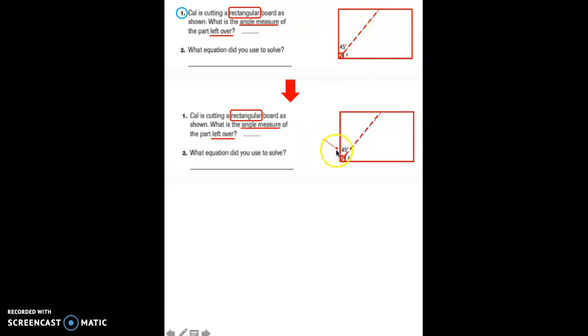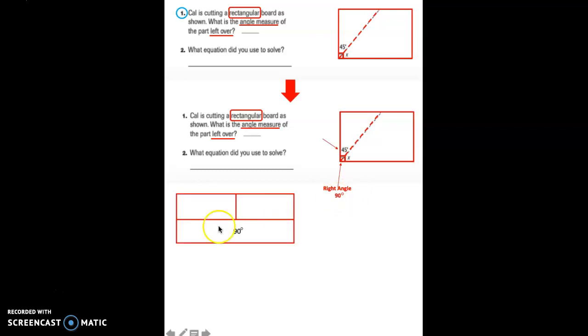Now we know that this angle right here measures 45 degrees. But they don't give us any more numbers or angle measures. So how will we find this out? We need to use clues, such as this box right in the corner. This box represents a right angle, and we know right angles are 90 degrees.